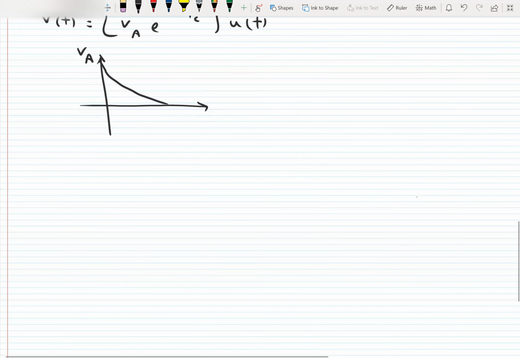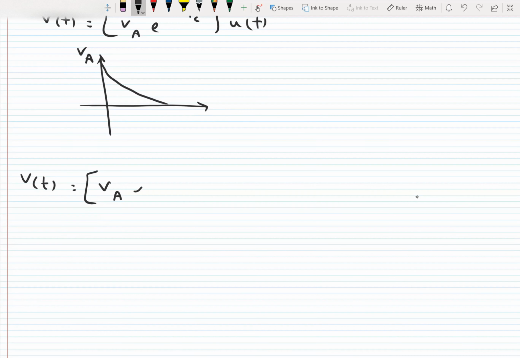Okay, so if we consider this signal, v of t is equal to VA e to the negative, instead of t, this time we say t minus Ts, over Tc, times u of, of course, we need to shift all time units, so we say u of t minus Ts.